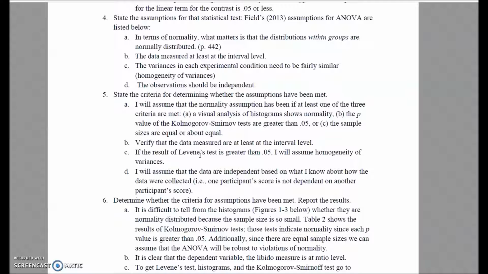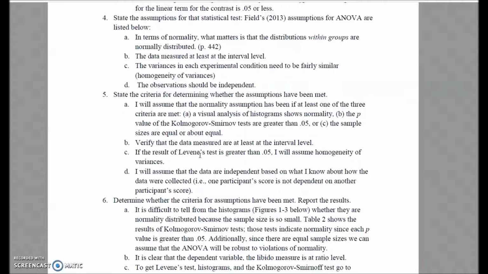We have the criteria of rejection, the level of significance, p less than or equal to 0.05, and if that turns out that we reject the null, because we have a research question and the null and the level of significance, then we have a post hoc test research question, and a planned contrast research question.